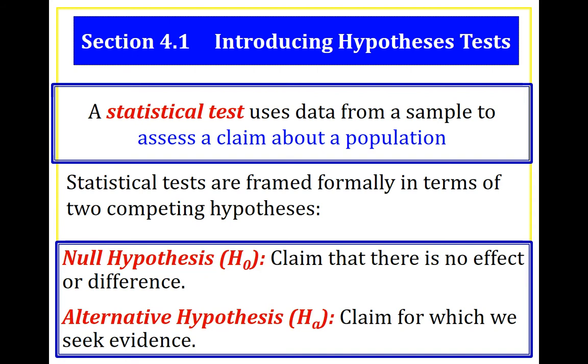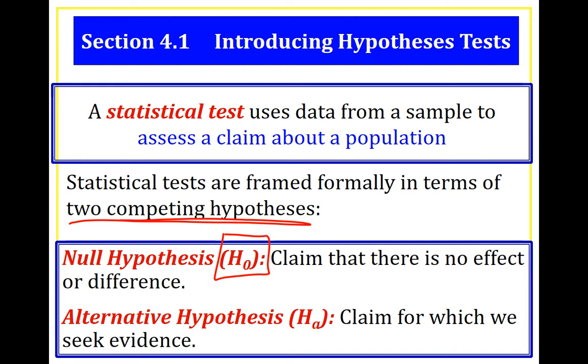There are two competing hypotheses, and one of those is called H sub O, and this is a claim that there's absolutely no effect and no difference. Nothing is going on. Everything is status quo. If we're talking about the average amount of money made, we're talking about something that is just the normalcy.